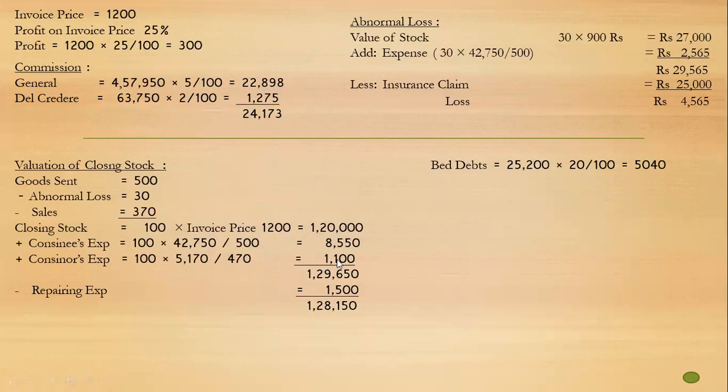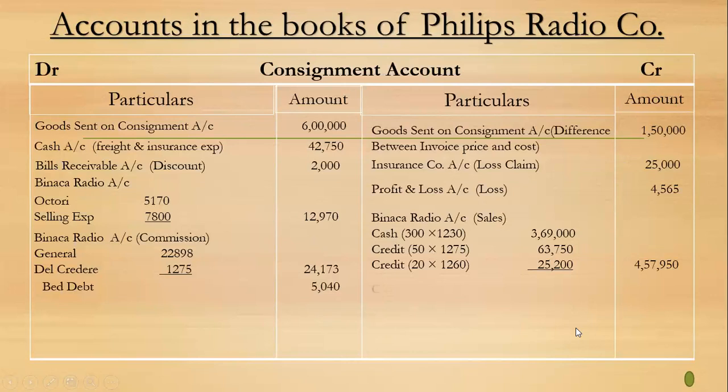If we add it to 1,20,000, we get 1,29,650. We had a repairing expense, so we will deduct the repairing expense of 1,500. So our total valuation of closing stock is 1,28,150 rupees. That will be written on the credit side of the consignment account.